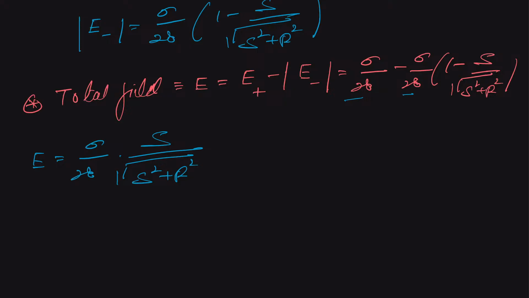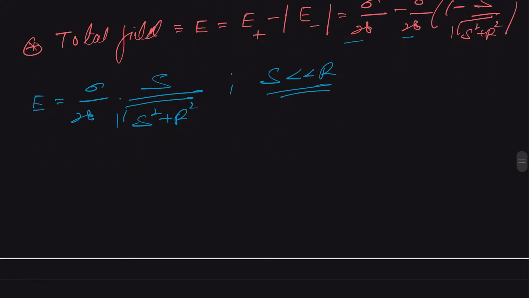And since we are already given that the separation s between the plates is very much smaller than the radius, we can use the approximation that the net electric field will be equal to sigma times s divided by 2 epsilon naught times r. And it will be in the upward direction.